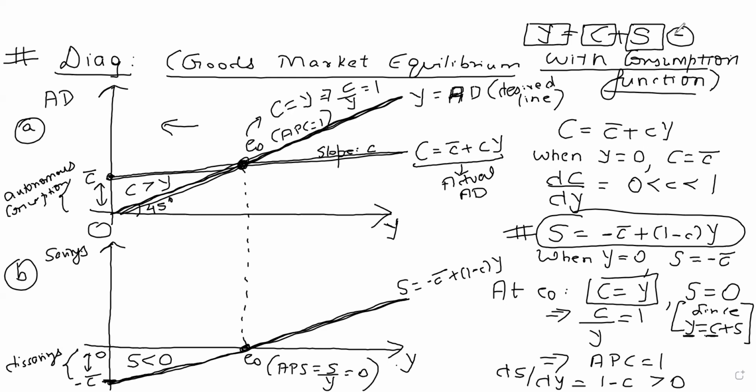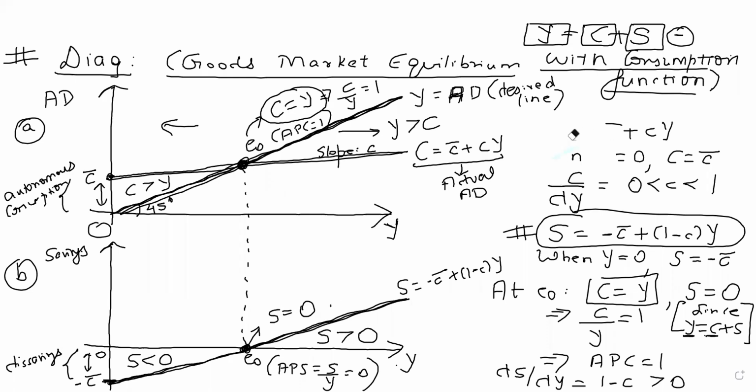To the right of point E0, income is more than consumption. If income is more than consumption, savings is positive. At the point E0, consumption is equal to income, so savings is exactly equal to 0.